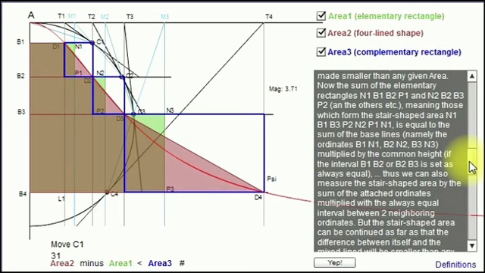Thus we can also measure the stair-shaped area by the sum of the attached ordinates multiplied with the always equal interval between two neighboring ordinates.